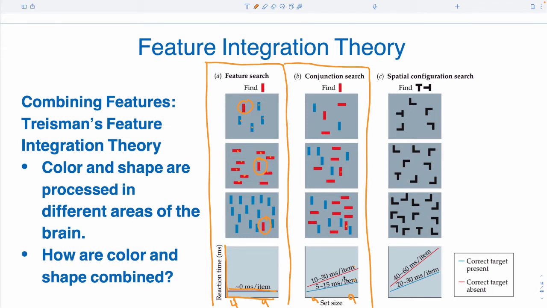Those are the blue lines, and in other searches it actually wasn't there, and they had to look and keep looking. So this one takes a little bit longer because there was no red vertical bar, and so they just kept on searching until they were absolutely certain that there wasn't one. But in both these cases, we can see that these lines are no longer flat like they were here in the feature search. They are now at a diagonal. And as such, it is no longer automatic.